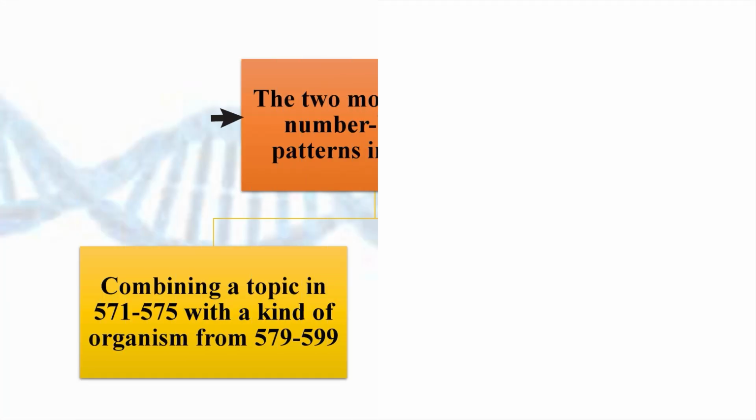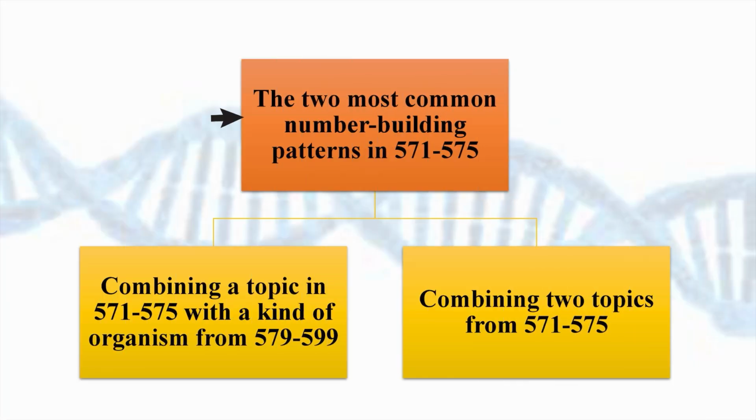There are two most common number building patterns between 571 and 577, so we can classify it into two subcategories. In the first one, we can combine one topic in 571 to 575 with a kind of organism. You know that life sciences deals with living organisms, and those organisms are located in 579 to 599.